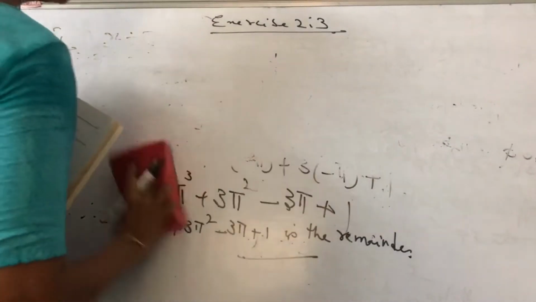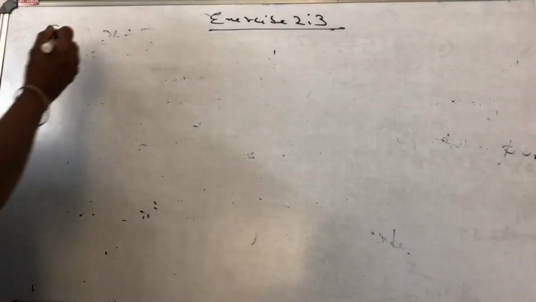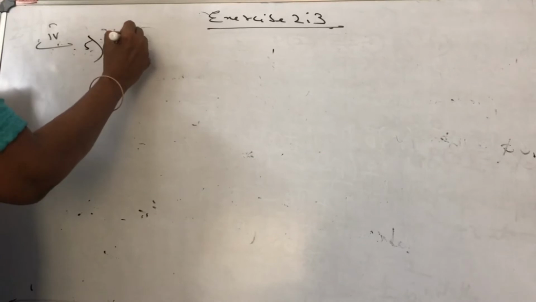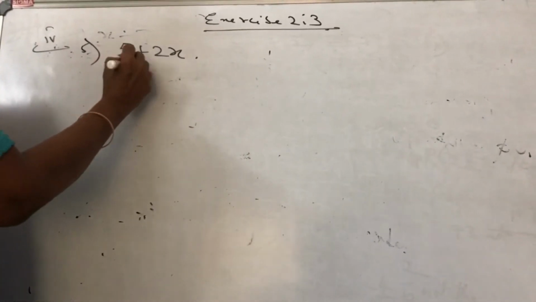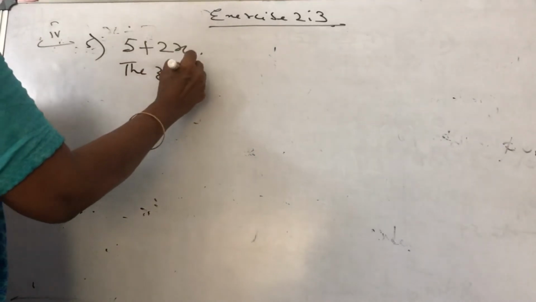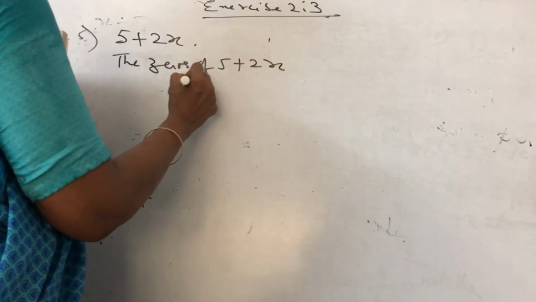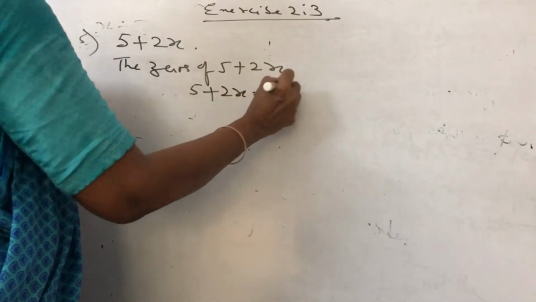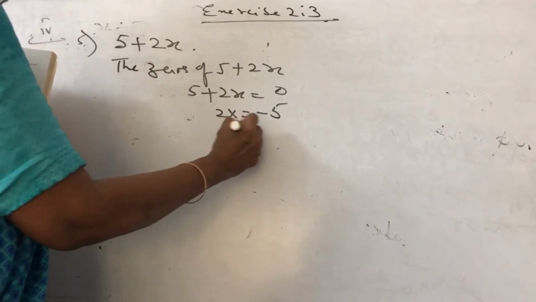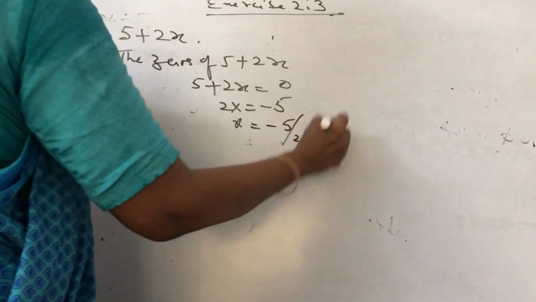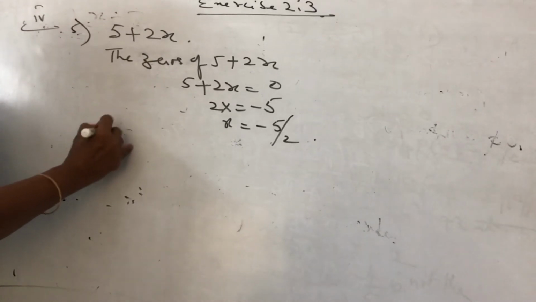Fifth bit, children. 5 plus 2x. Your divisor is 5 plus 2x. The zeros of 5 plus 2x. 5 plus 2x is equal to 0. 2x is equal to minus 5. X is equal to minus 5 by 2. And what is the polynomial, children?